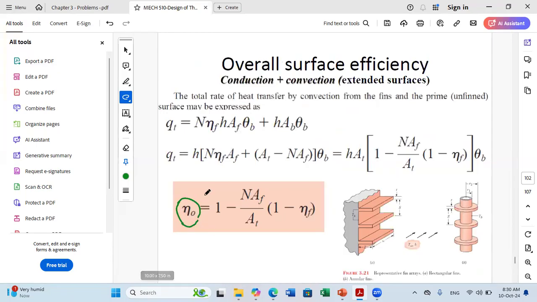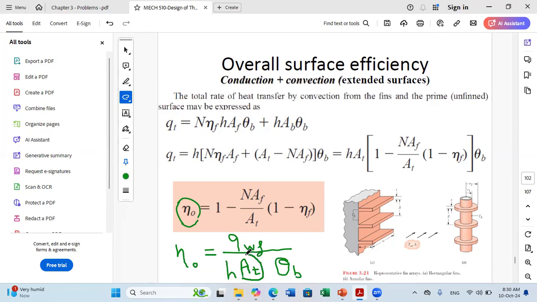And once we find the overall efficiency, we say that the overall efficiency represents the actual heat loss with fins over the maximum possible, over h times A total times theta base, where A total represents the total area of exchange.